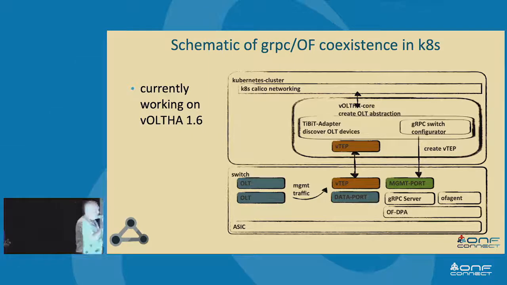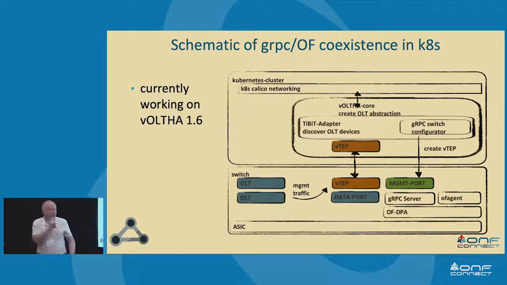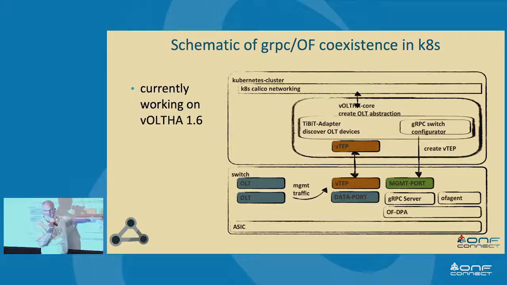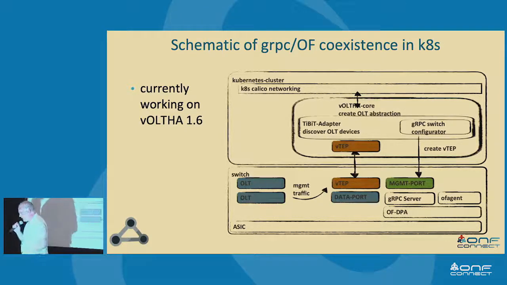Let's start from the gRPC switch configurator. That is now a part of the Tibit adapter, which is a container running in Kubernetes that can create via the management port a VXLAN endpoint here, as well as here, and this is then actually going through a data port on the white box switch, and up here ends in the Kubernetes.